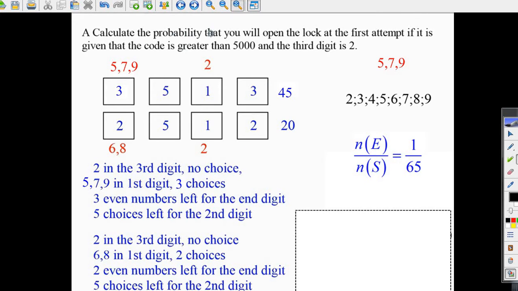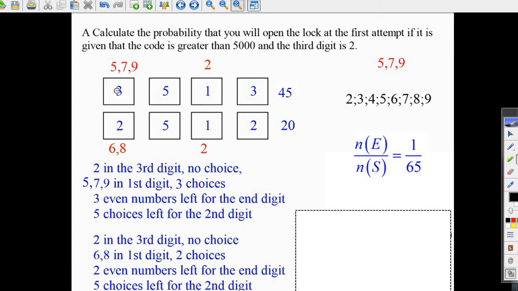Okay, the next question. It says calculate the probability that you'll open the lock at the first attempt if it's given that the code is greater than 5,000 and the third digit is 2. It's still a 4-digit code, so there's 4 boxes here. The third digit has to be a 2.